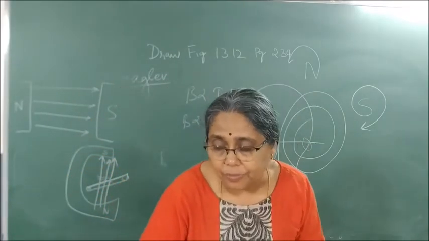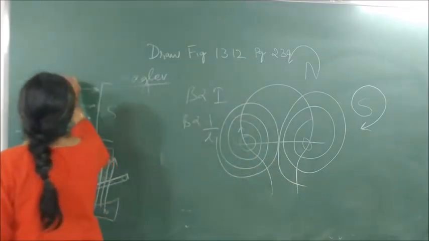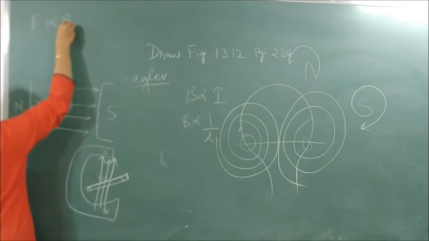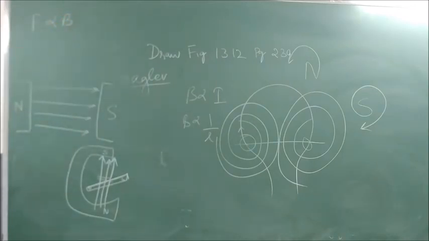How can the force be increased or decreased? The force is dependent on magnetic field, which in turn is dependent on current. So the force increases with increasing magnetic field. If I increase the current, it increases. Or if I increase the strength of the horseshoe magnet, the force will increase.